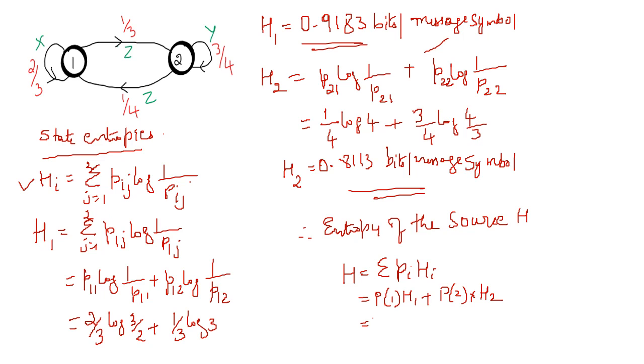So we'll substitute P1 is 3 by 7 and H1 is 0.9183 plus P2 is 4 by 7 and H2 is 0.8113. So what is H we are going to get after substitution? Just do it in the calculator. See what answer you are going to get. You will get H is equal to 0.8572 bits per message symbol.